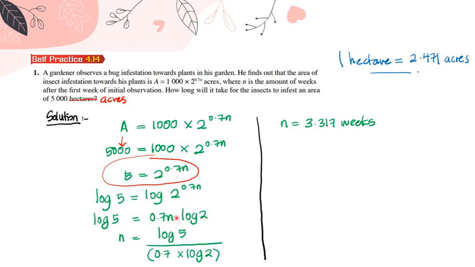To find n, you can simply bring 0.7 and log 2 down. Log 5 divided by 0.7 times log 2. And you will get n is equal to 3.317 weeks. This is approximately 3 weeks and 2 days. So you can just leave your answer in this form.